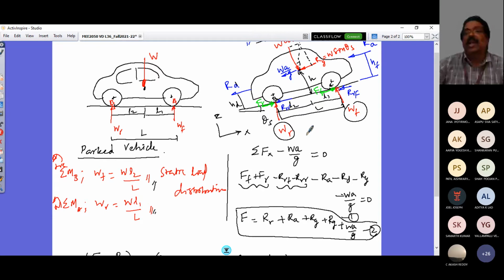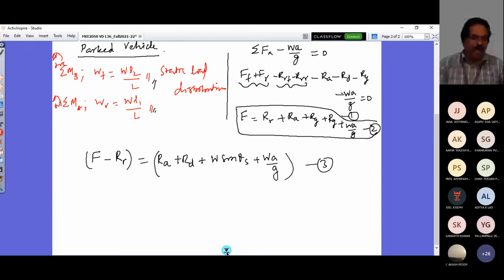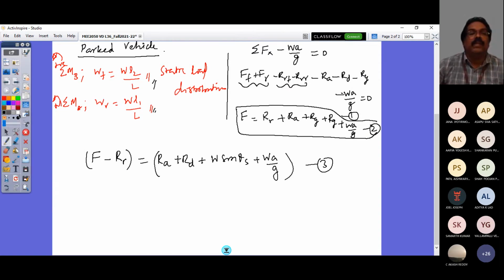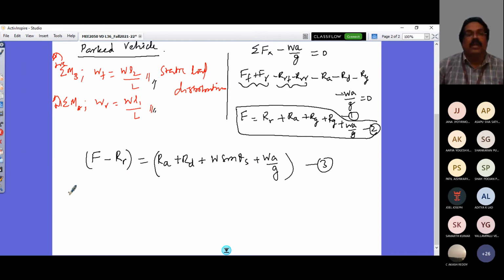I have to do this carefully, and then I get my dynamic load transfer components. Let me write down this equation. You can look at the free body diagram once again and carefully do it yourself.